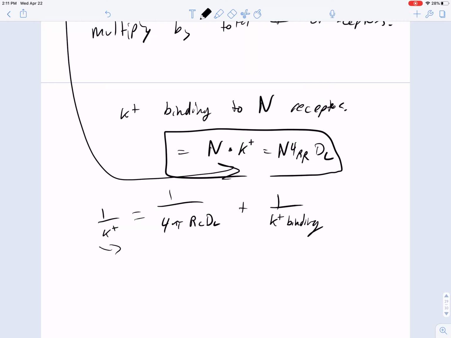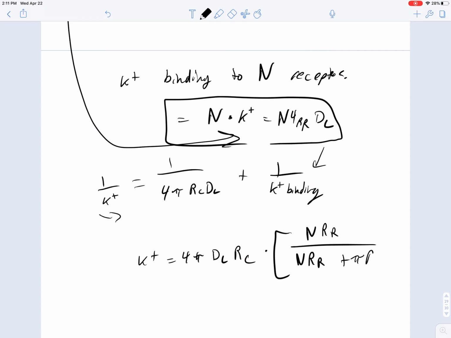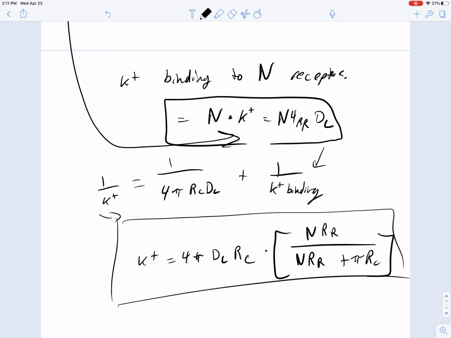If we substitute this in and rearrange this whole equation, we have k plus equals 4 pi D_L R of the cell times N radius of the receptor divided by N radius of the receptor plus pi radius of the cell. This is a very cool equation. It might not look cool just yet, but you'll see why in a second.